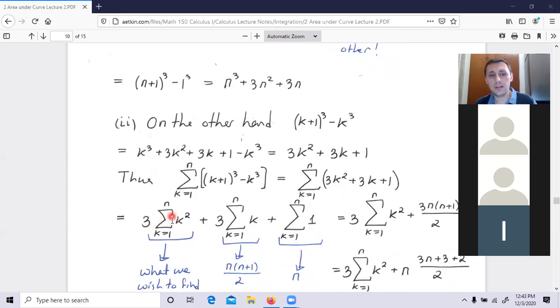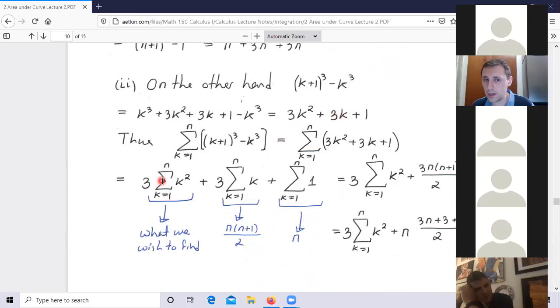I have 3 summation of k squared plus 3 summation of k plus the summation of 1. And the summation of k squared is what I don't know, what I want to find. You see, so I will have an equation. I will have this equal to something that I found. I know that this is 3 times n times n plus 1 over 2. And this is just 1 added to itself n times, so that's just n.